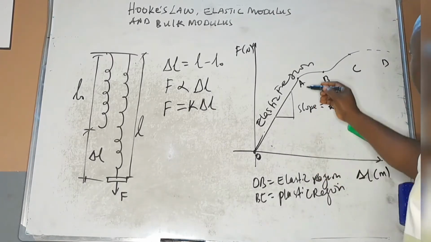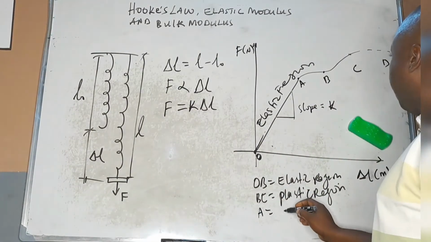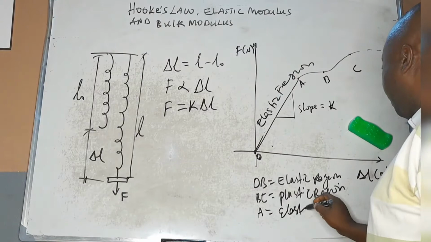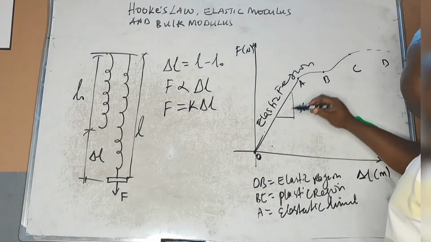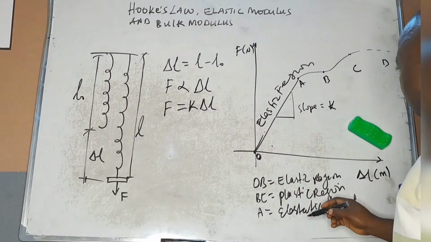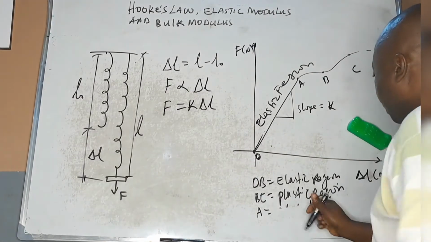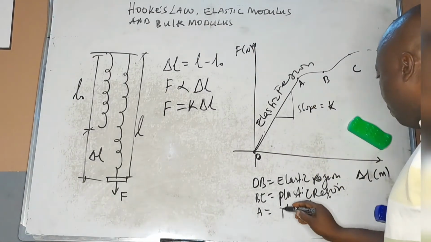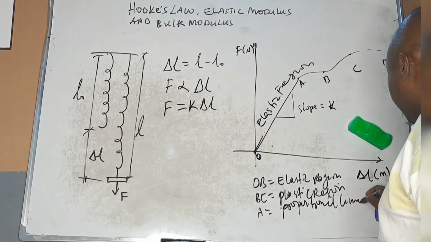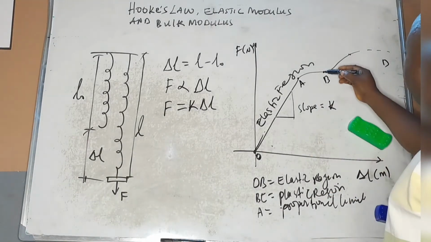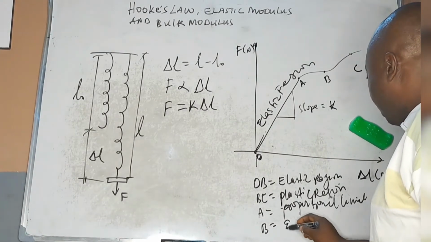Now point A is called the proportional limit. It's still proportional. Point B is called the elastic limit.